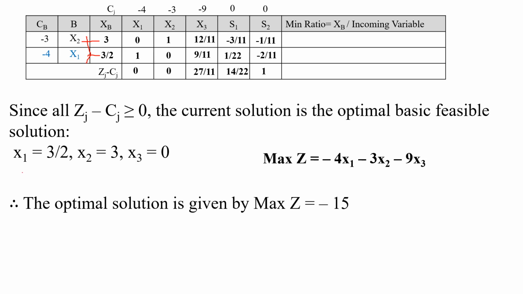Then substitute these x1, x2, x3 values in the original objective function, that is maximum z equals minus 4x1 minus 3x2 minus 9x3. Then maximum z equals minus 15. So this is the solution, and thank you.